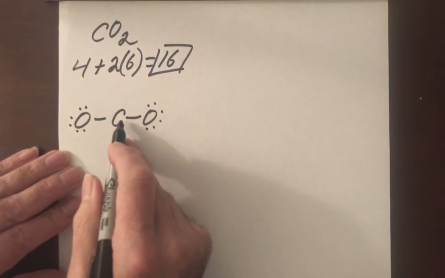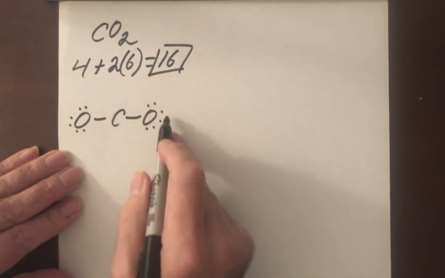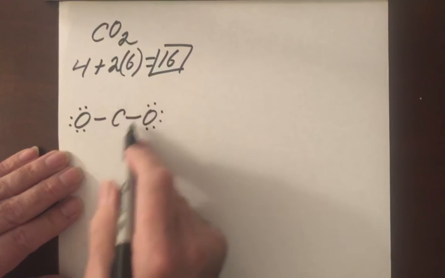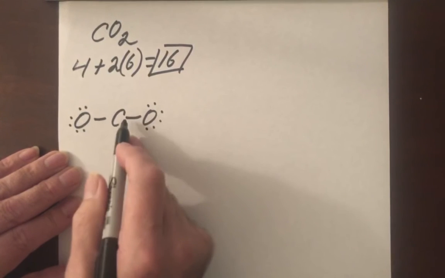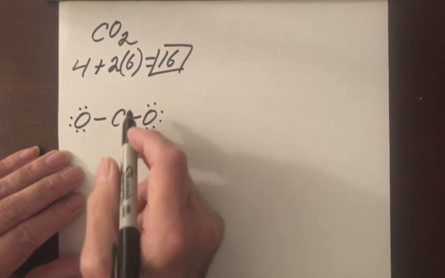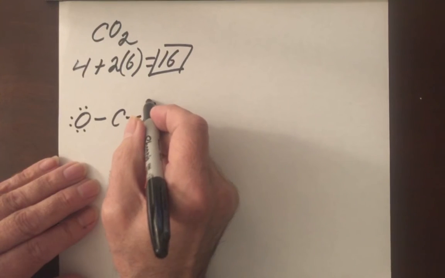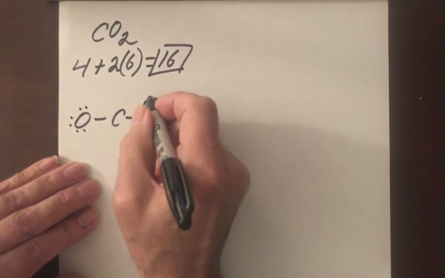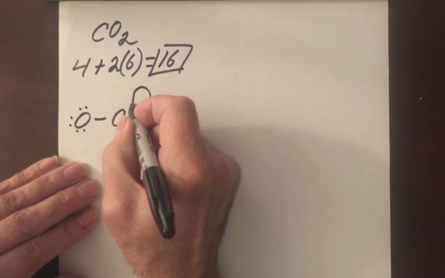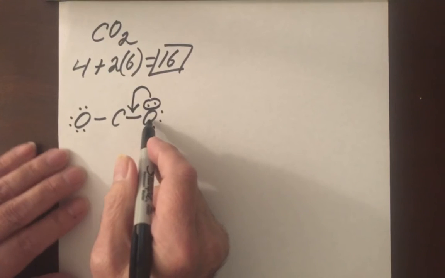We've already used up 16 electrons, 2, 4, 6, 8, 10, 12, 14, 16. So I have no more electrons to put any dots around carbon, and carbon only will have 4 bonds anyway, so we know that that's not going to work. So, like carbonate that we just did, I'm going to take one of the lone pairs on the oxygen and make it be an additional shared pair between it and carbon.